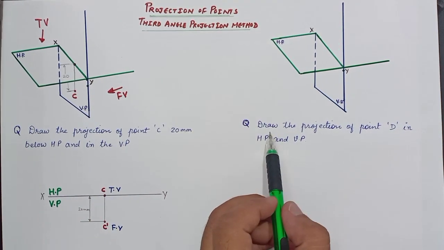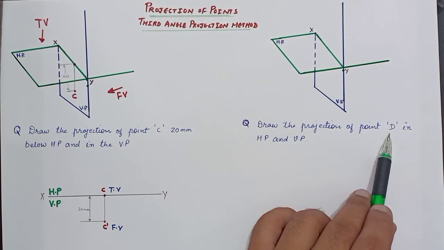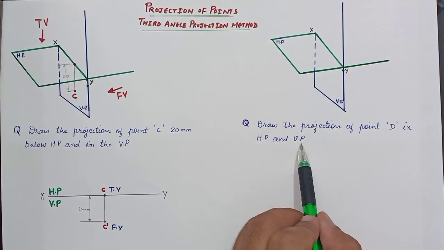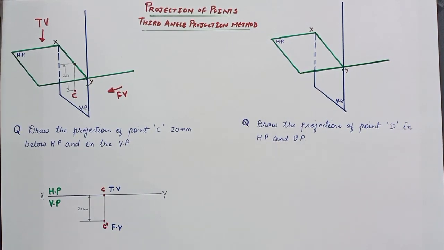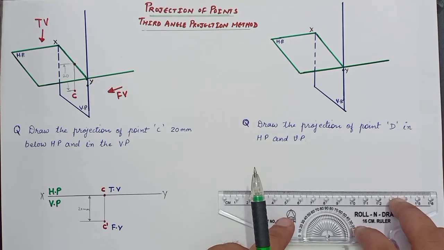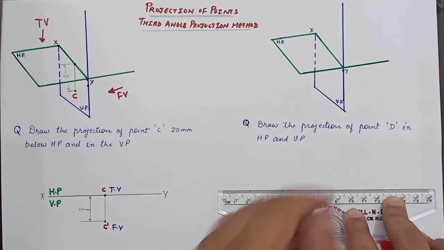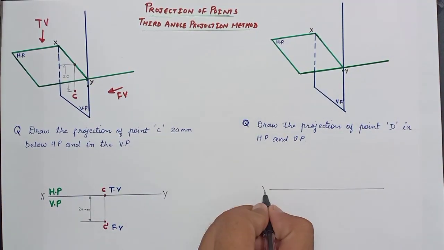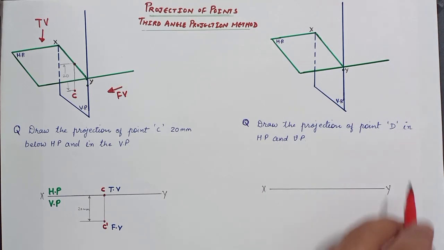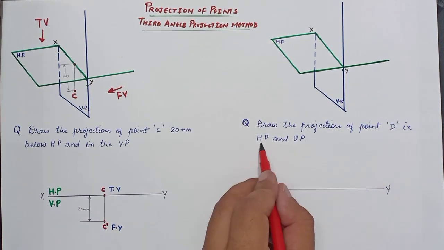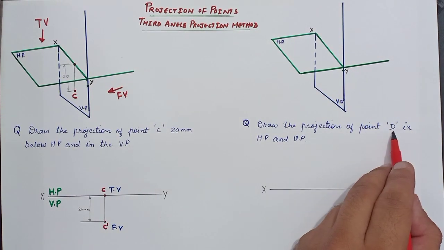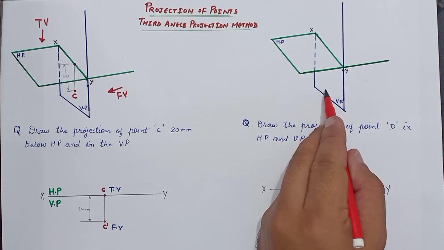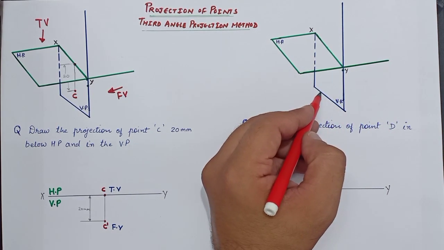So the last question, draw projection of point D in the HP and VP. So for that, first we draw XY line. Now point D is in the HP and VP. D does not have any distance behind VP or below HP.